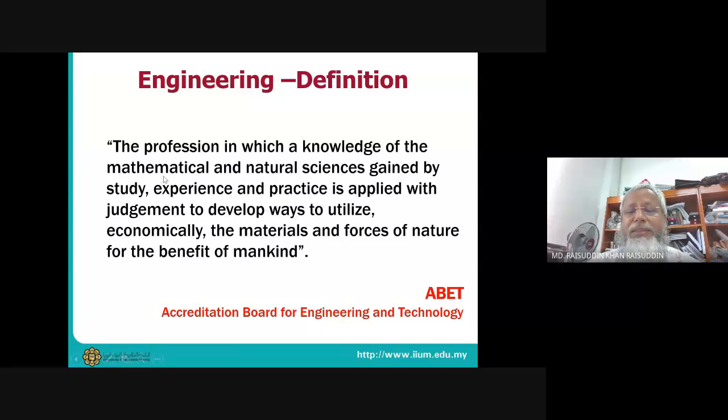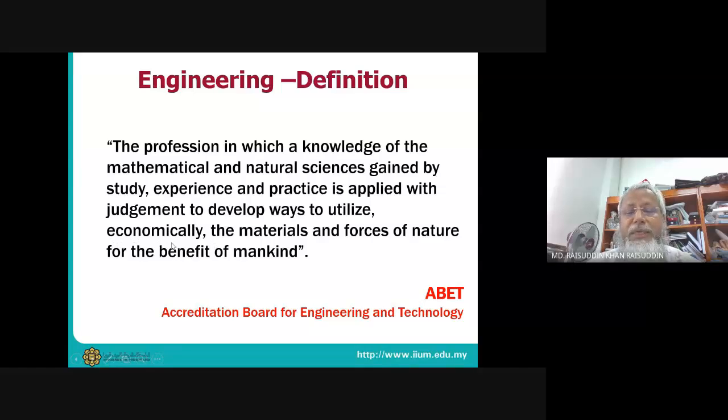We need mathematics, we need natural sciences, physics, chemistry, all these courses, and also we need experience, how the things around work, how people behave. Those are part of the experience, and we apply this with judgment to develop systems economically. This is one of the important elements of engineering.